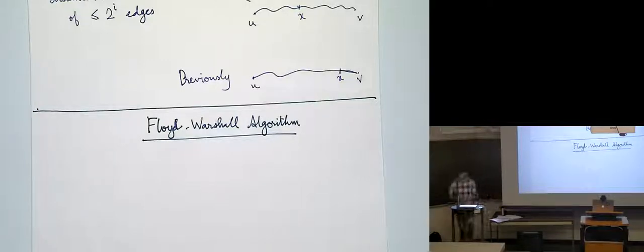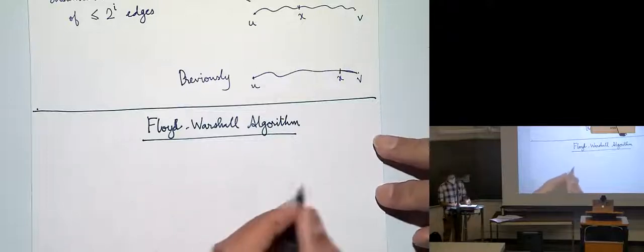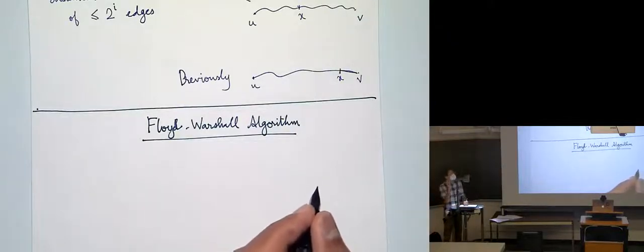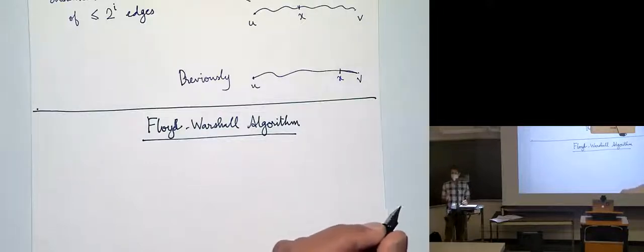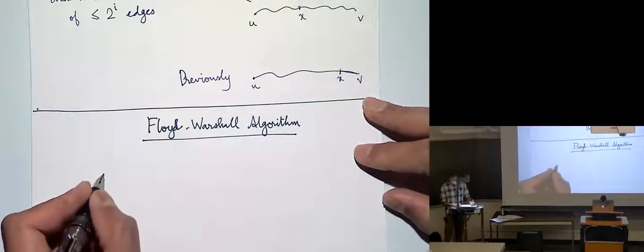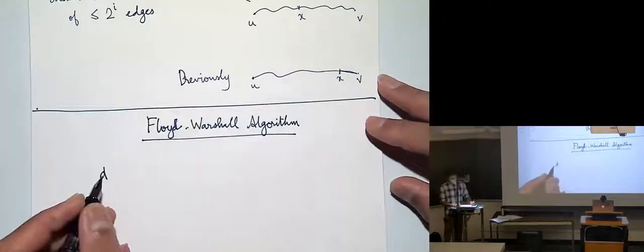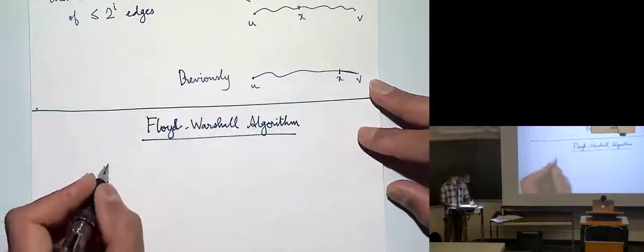This is very clever. It says, instead of looking at the number of edges on the path, let's parameterize by something else. I'm going to refer to this as d, and now I'll use a superscript in parentheses to distinguish.